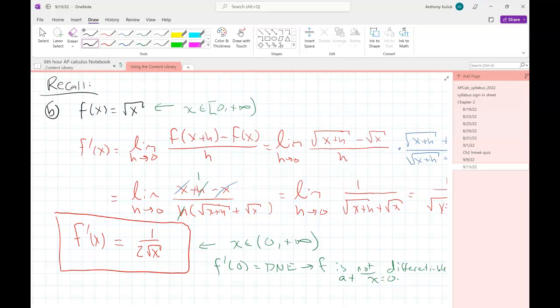So the natural question here is, Mr. Kulik, we just looked at an example, and we saw that there's places where the derivative didn't exist, that were in the domain of f, but aren't in the domain of f inverse, or of f prime, right?